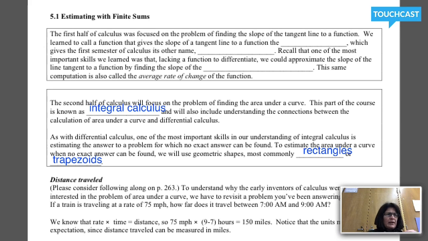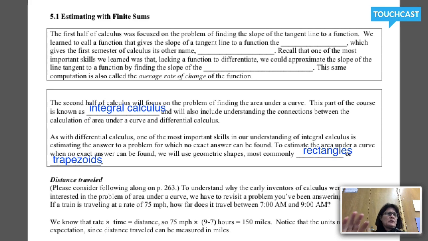And one of the most important things that we're going to learn as we go through this process of learning how to compute area under a curve, I'm just trying to draw a parallel to the first half of calculus, is that it's not just going to be important to learn how to get the exact answer, it's going to be important to learn how we can make an approximation of that answer if we don't have enough information to get the exact answer.